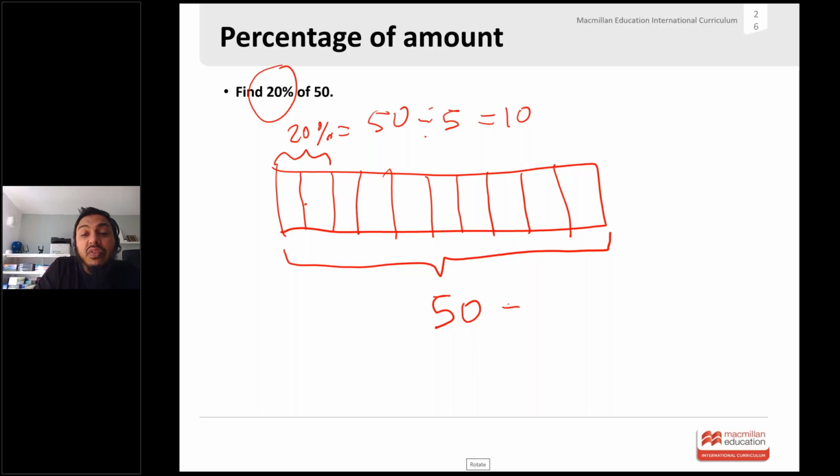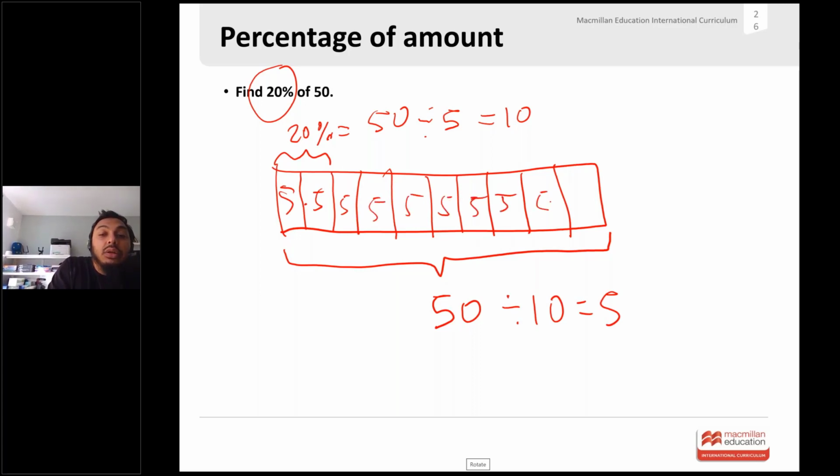So 50 divided by 10 is 5. So each of these must be 5. So 10% of 50 must be 5. So 20% must be 10, excuse me. 20% must be 10, okay? So that's another way. 20% of 50 equals 10. So that's 2 different methods you can use using bar model.